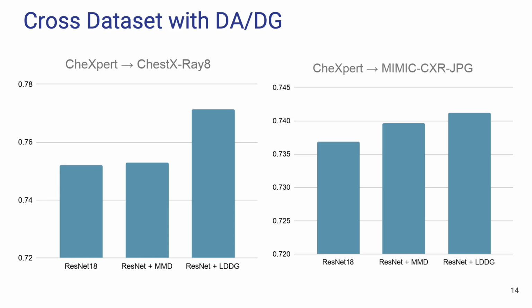We can see that both domain adaptation and domain generalization approaches do help to boost the cross-dataset performance. The MMD regularization did not help a lot for the CheXpert to ChestX-ray8 experiment. But our LDDG approach shows consistent improvement in these 2 experiments. However, due to the time constraint of the datathon, we did not have enough time to complete the rest of the experiments for other dataset pairs.